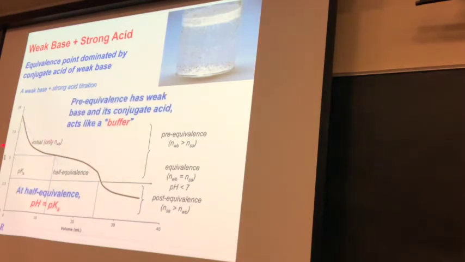This region in here, once again, is kind of like a buffer because you have now a weak base, and as the strong acid is added in, you create some of the conjugate acid. And so it'll act like that. That's why we're going to use the Henderson-Hasselbalch-like equation. And again, at that half equivalence point, your pH should be equal to pKa.